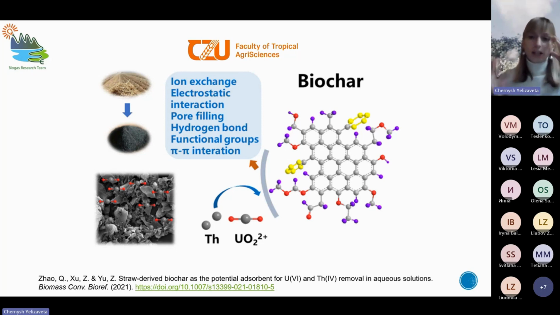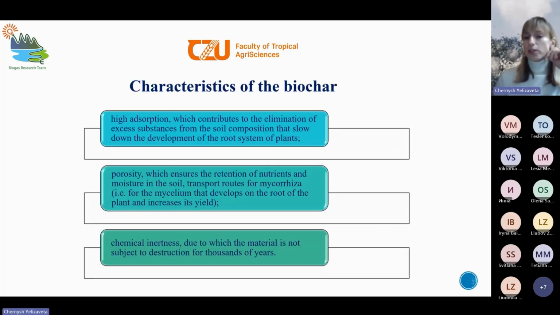This biochar, as I mentioned, is a product of biomass pyrolysis, and it can be used together with biopreparation with useful groups of microorganisms that can provide accumulation of radionuclides, and also involved in a complex approach to bioremediation. Features of biochar can be very beneficial for this.